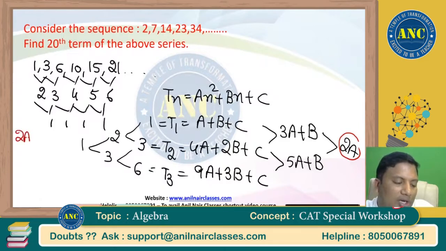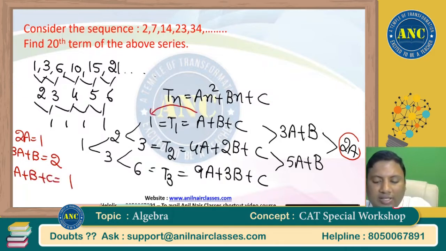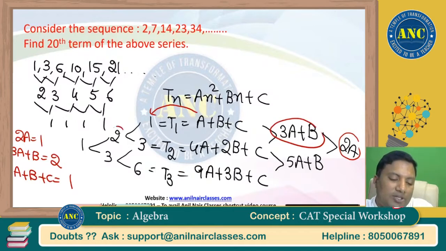So 2a is equivalent to 1. Again 3a plus b is equivalent to 2. a plus b plus c, it is nothing but 1. 2a equivalent to 1, so a is nothing but 1 by 2. 3 by 2 plus b, b is 2 minus 3 by 2, 1 by 2. c is nothing but 0.